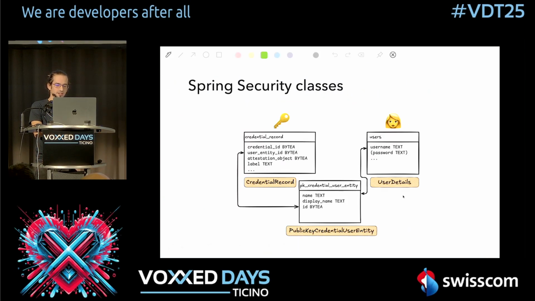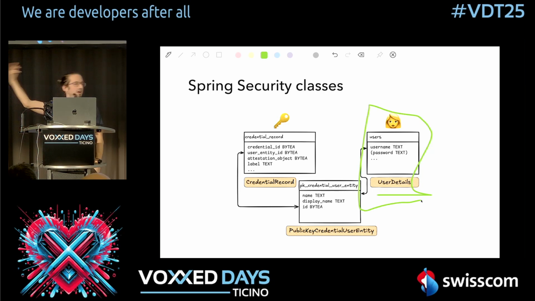The user details is already what Spring Security uses to define a user: my username, my birthday, my email, and so on. So this already exists. The two new things you need are this credential record table that contains basically the public key. This is where you store the public key that's going to be used in subsequent calls to authenticate you.